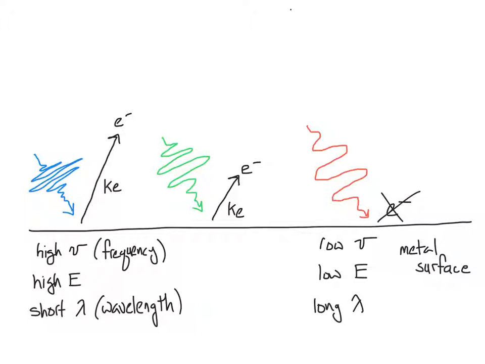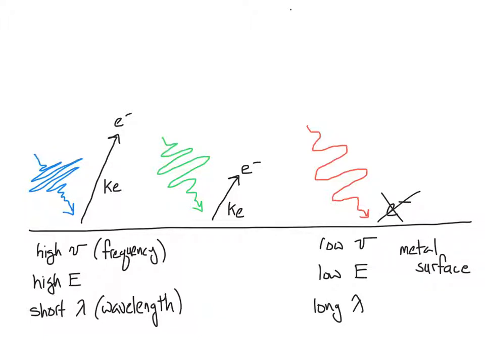What that means is that if you are shining red photons on this surface, red photons do not eject electrons. It doesn't matter how bright the light bulb is that's shining that red light, those red photons have insufficient energy to overcome the binding energy, and therefore they will not eject an electron.